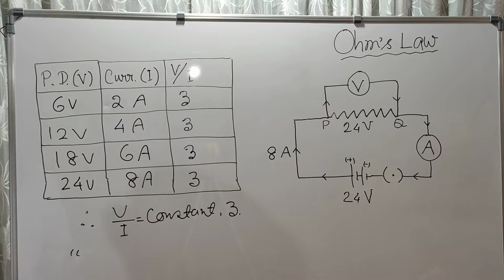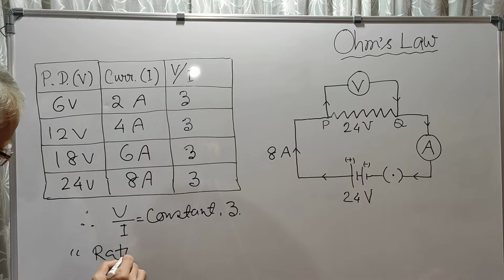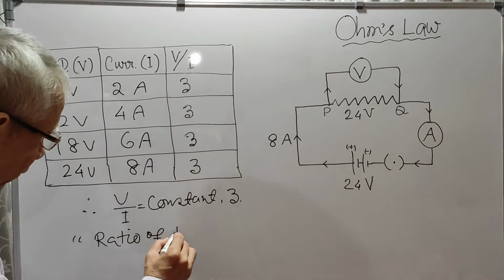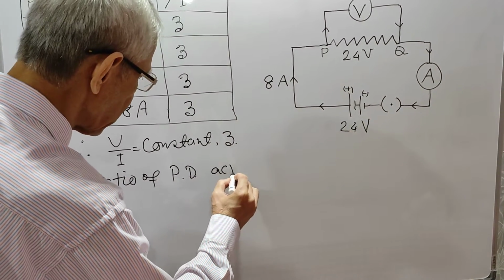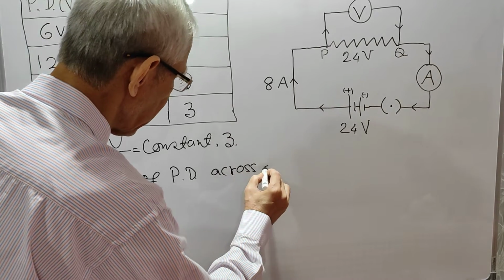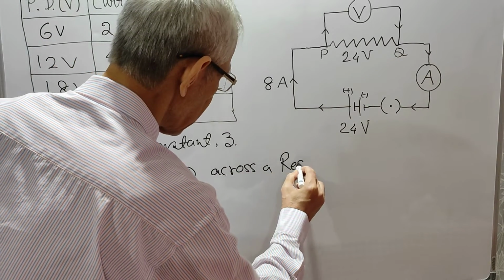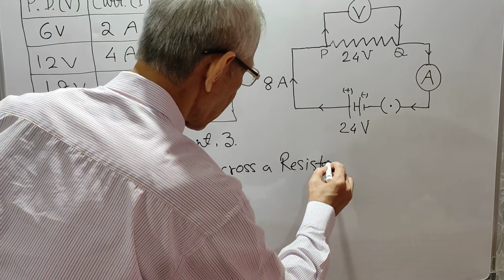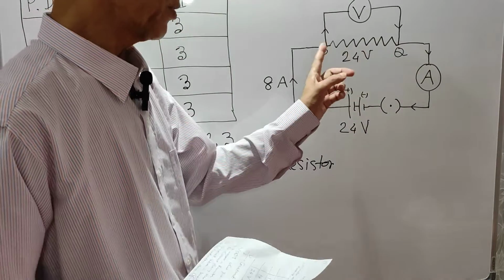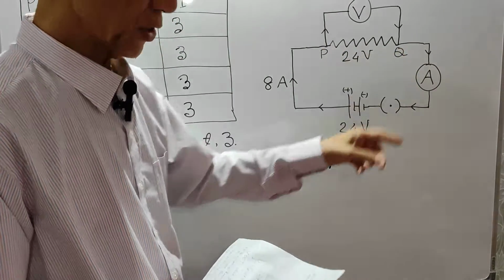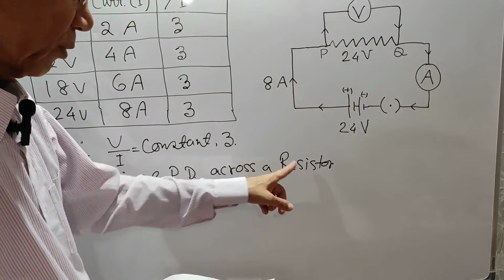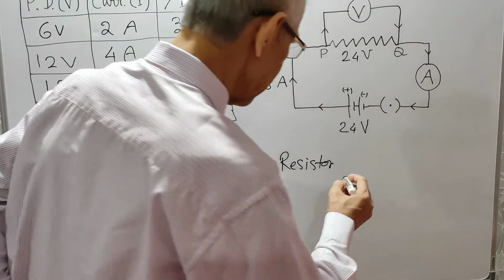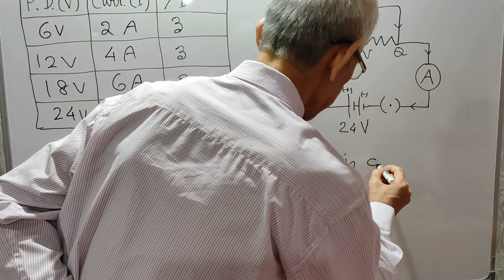So the statement will go like this: the potential difference across a resistor, that means between the two terminals of a resistor, is directly proportional.